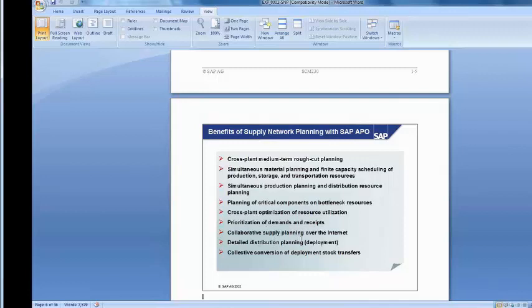It also has collaboration over the internet, so we can collaborate with our suppliers and customers and use their inputs. This is the brief, and we'll see deployment maybe in the next session.